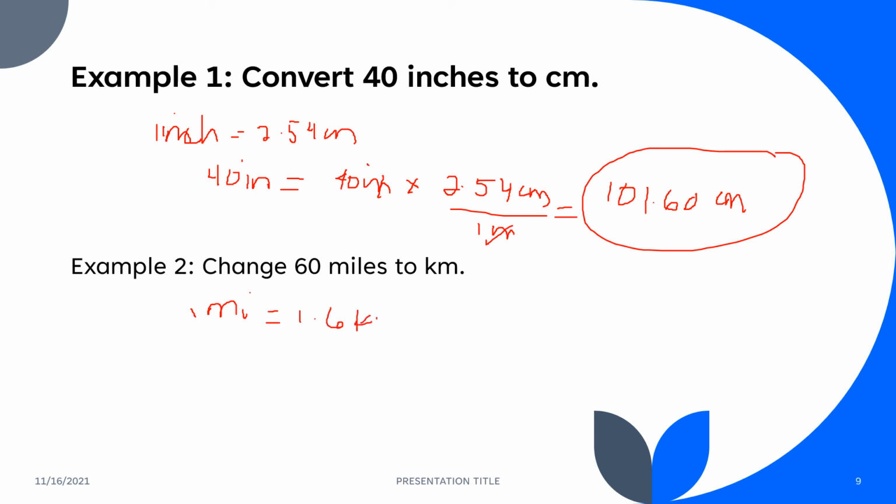So we will use the unit factor: 60 miles times, since we need kilometers, 1.6 kilometers over 1 mile. So we need to cancel the miles. So that is about 96 kilometers. Okay, any questions?